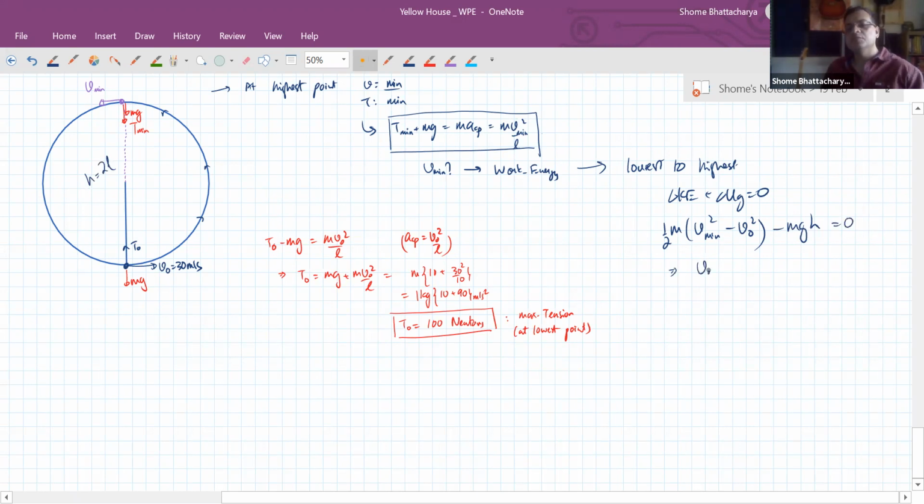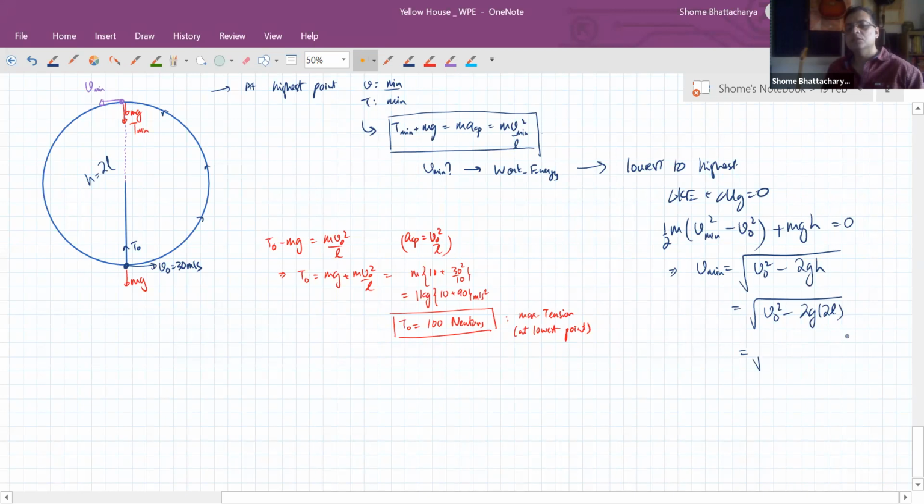So from this we will get V minimum at the highest point as square root of V naught square minus 2gh. In this case, it is V naught square minus 2g into 2L.